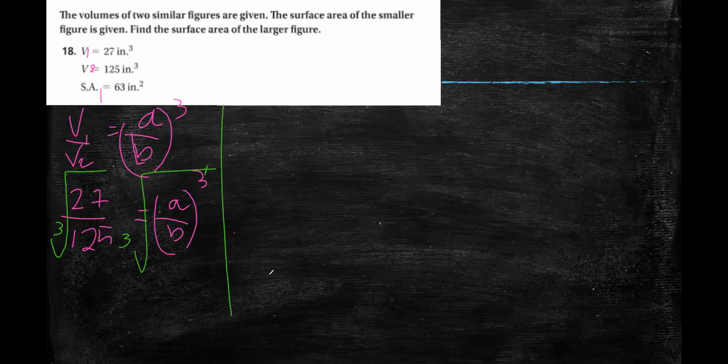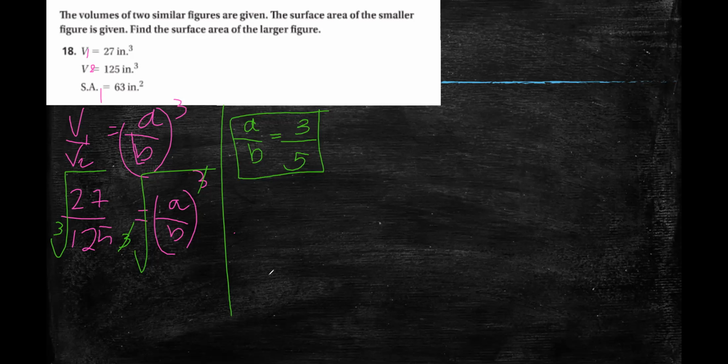So here, to cancel the cube, write a cube root. So A over B will be the cube root of 27, which is 3, and the cube root of 125, which is 5. So I find now the scale ratio.